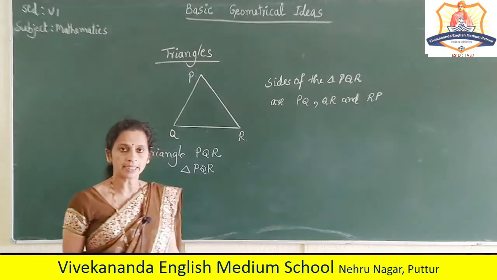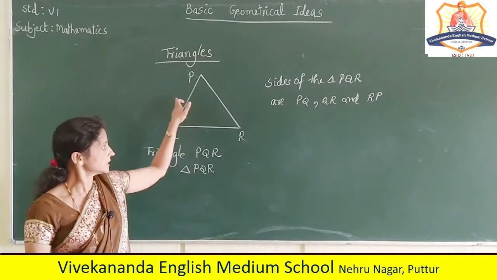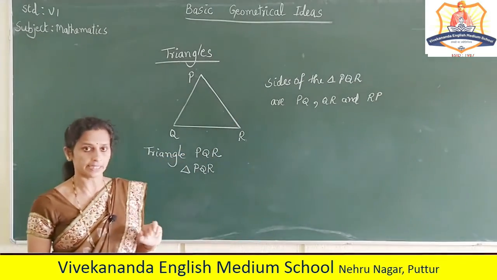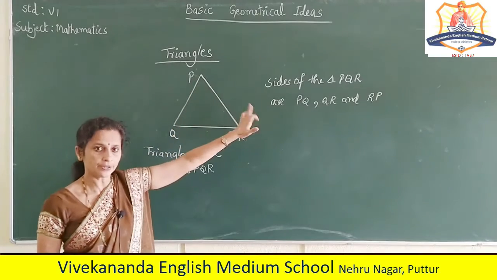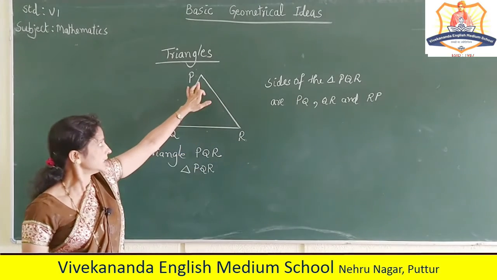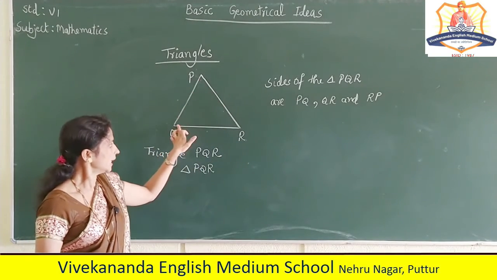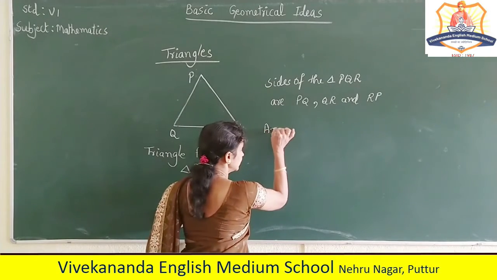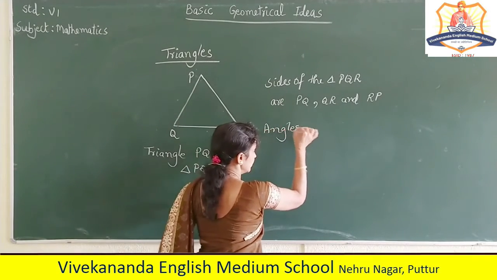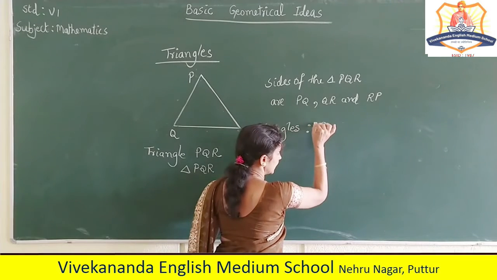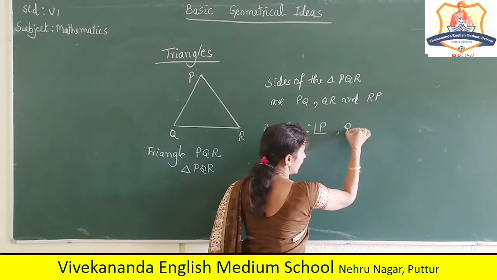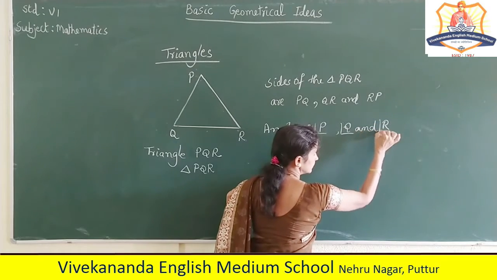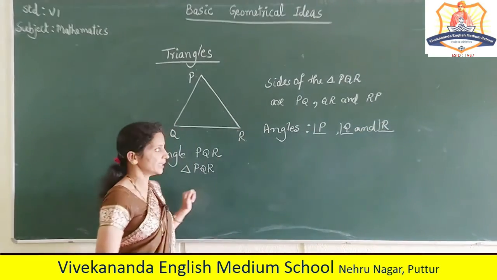So a triangle has 3 sides, the 3 sides are written here, and it has 3 angles. As I told you just now, here there are 3 angles, angle P, angle Q and angle R. So there are 3 sides, 3 angles. And there are 3 vertices.